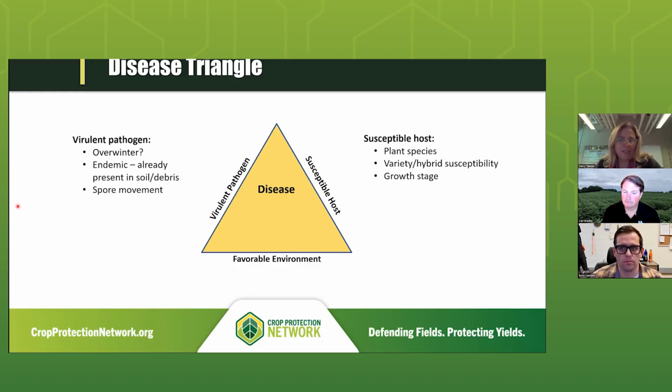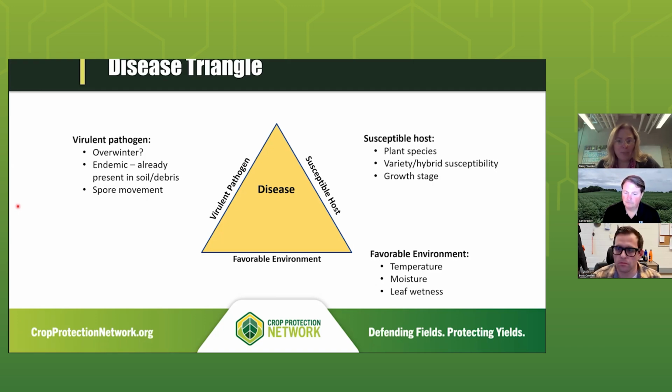The other side of it is understanding when the pathogen is present. We do know this disease overwinters in our soil, so anything that may move soil could move this pathogen around. We know it's now endemic in some of these areas, so it'll be a problem down the future. But again, when we have the host present and the pathogen present, the environment still may need to be favorable for the disease to take hold.